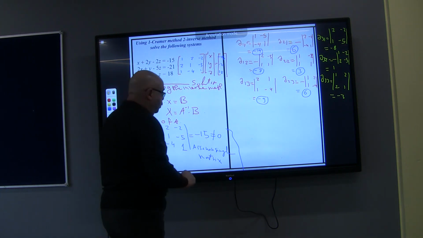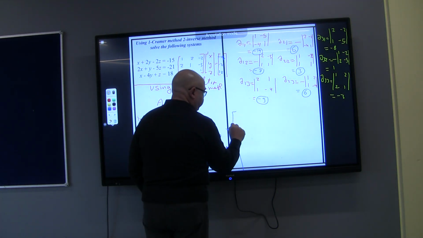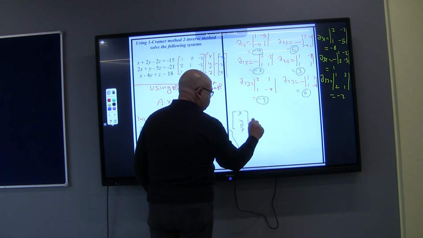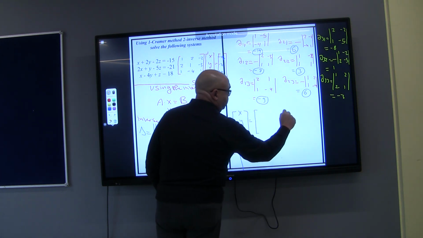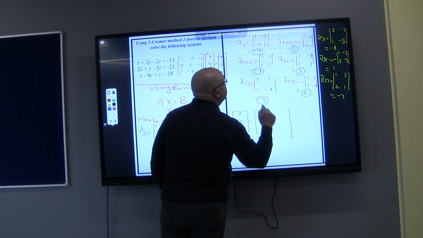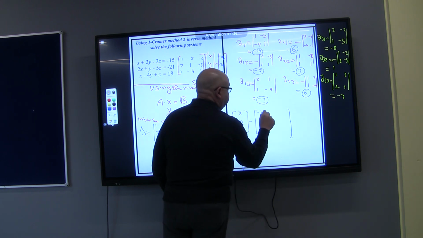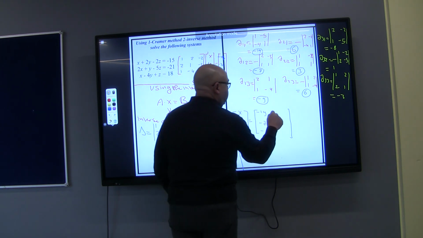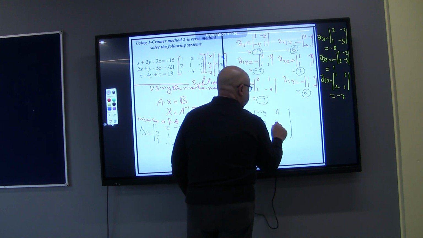Now, simply, we can get the values of the unknowns, which is x, y, z, which is going to come up to the inverse matrix, which is simply negative 19, then negative 7, then negative 9. For the second column, it's going to be 6, then 3, then 6.